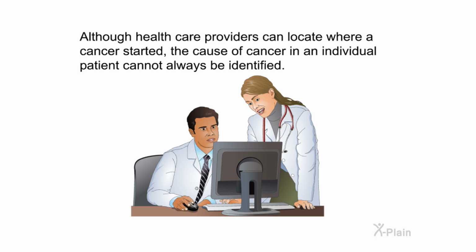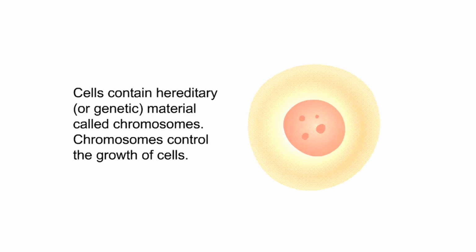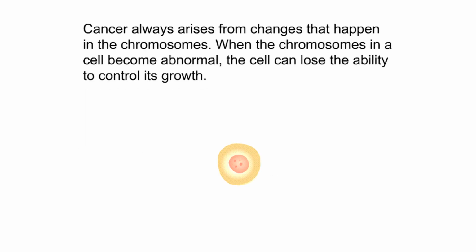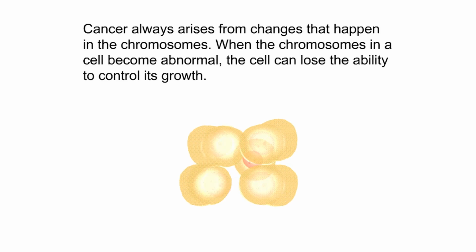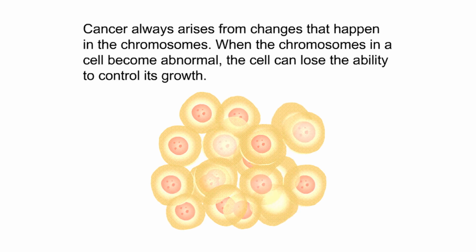Although healthcare providers can locate where a cancer started, the cause of cancer in an individual patient cannot always be identified. Cells contain hereditary or genetic material called chromosomes. Chromosomes control the growth of cells. Cancer always arises from changes that happen in the chromosomes. When the chromosomes in a cell become abnormal, the cell can lose the ability to control its growth.